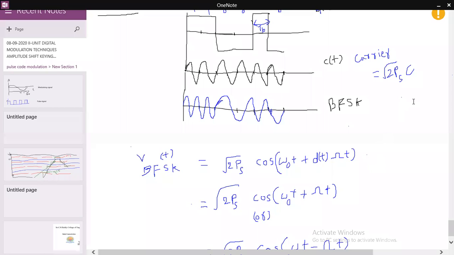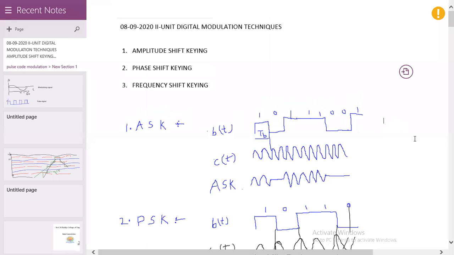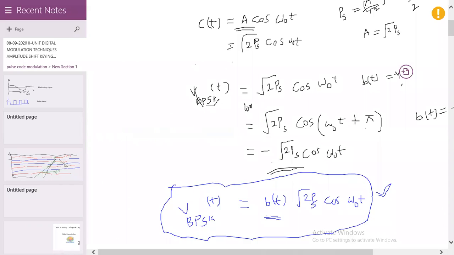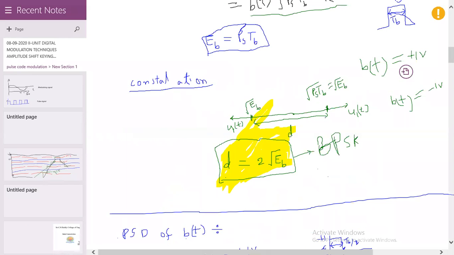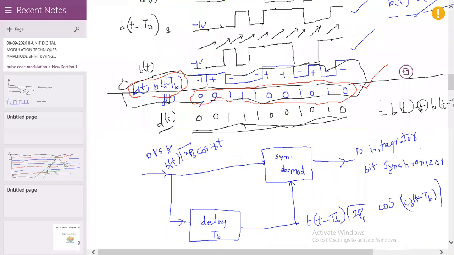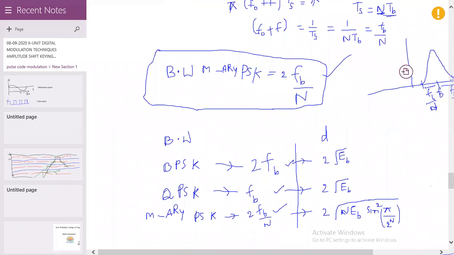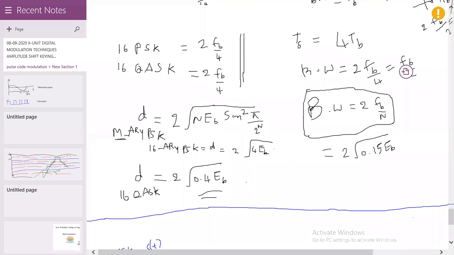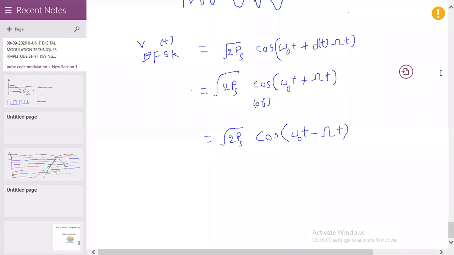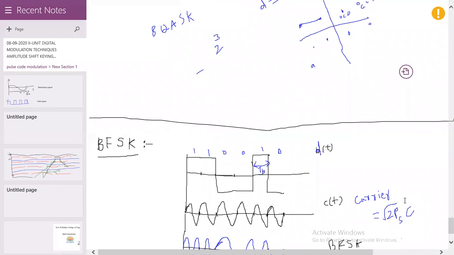Okay, the carrier signal here we can represent. How to represent the carrier signal?